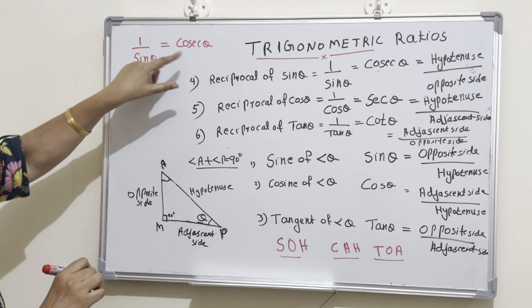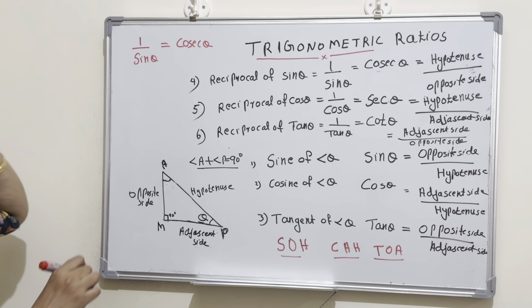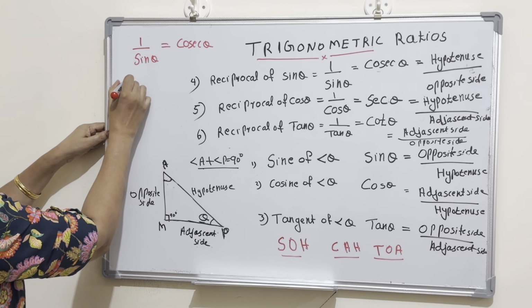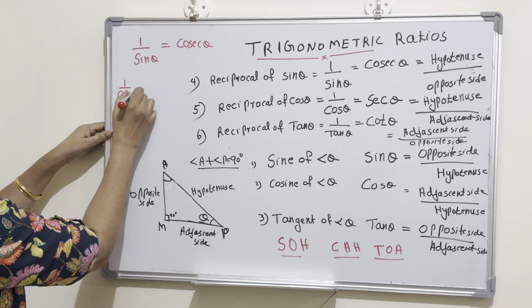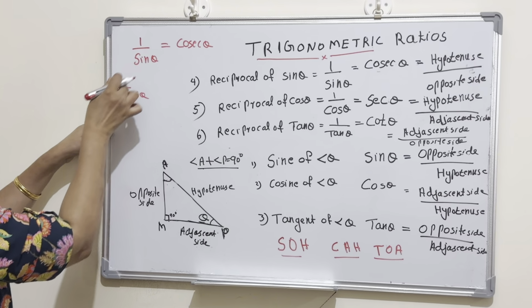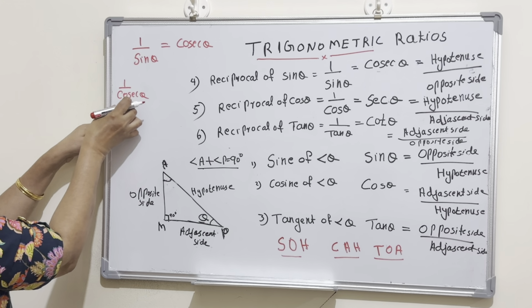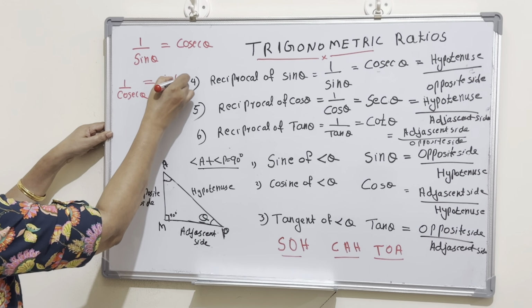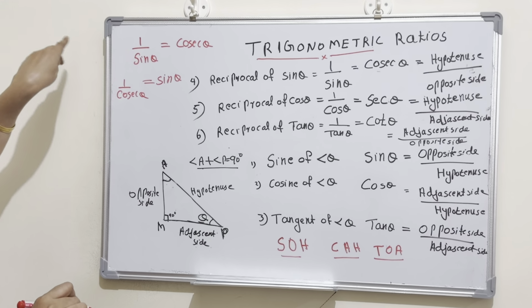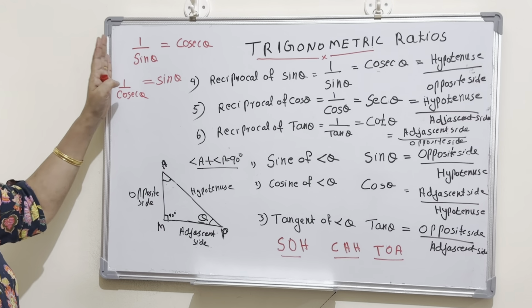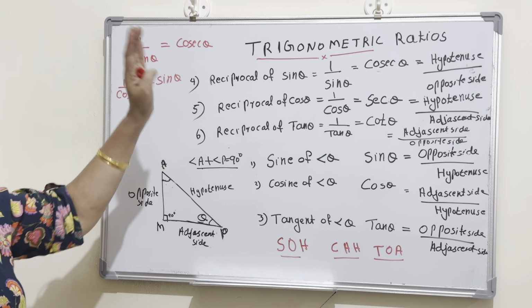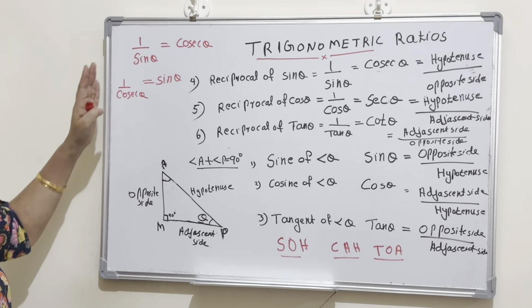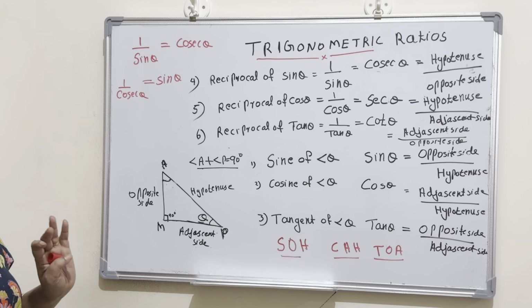So if this is the reciprocal of that, I can write 1 by cosec theta, meaning reciprocal of cosec theta, which is sine theta. So they are mutually reciprocal to each other, right? 1 by sine theta is cosec theta, and 1 by cosec theta will be sine theta.